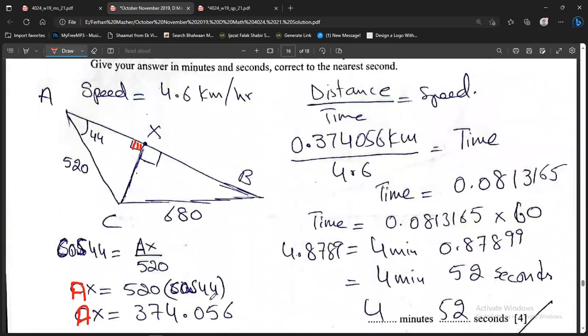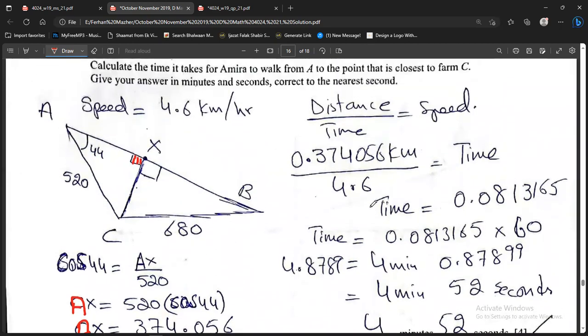So you know the speed is distance divided by time. So that is 0.374056 kilometer, and the speed is basically 4.6 kilometer per hour. So the time will be 0.08136165 hours. So just multiply it with 60, and that will be 4.8789 minutes, which means 4 minutes and 0.87899.